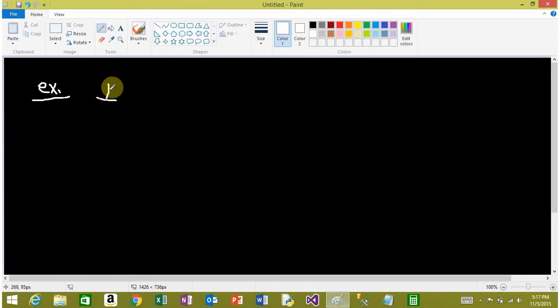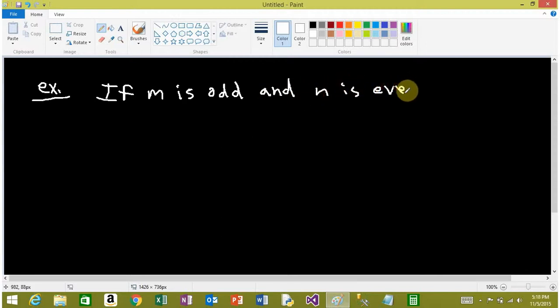We're going to say if M is odd and N is even, then M plus N, the sum of those two numbers, is odd. That's the statement we want to prove first.